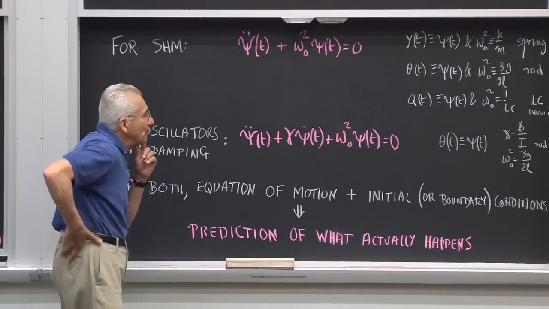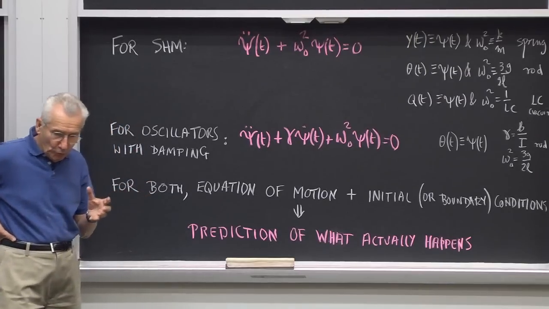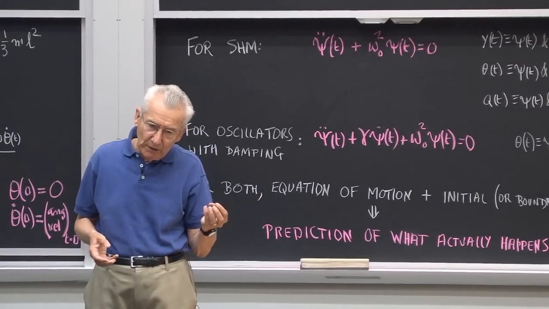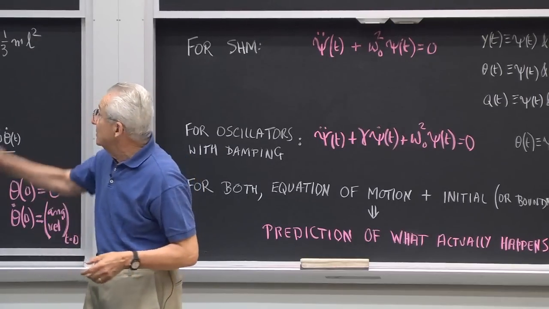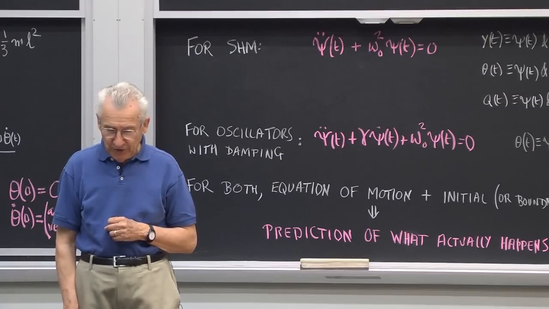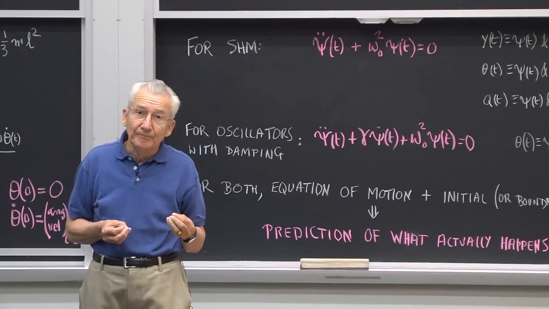What we found last time was that we took three different harmonic oscillators. One was a mass on a spring. Another was this rod oscillating like this. The third was an electrical system, an LC circuit.